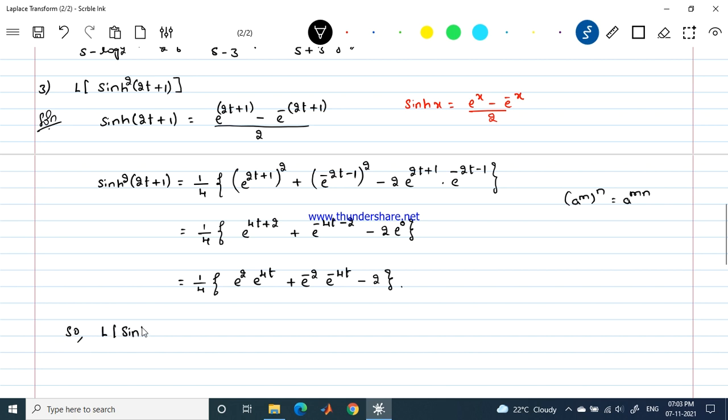Laplace of sinh square of 2t plus 1 is given by 1 by 4, a constant, e power 2, a constant, Laplace of e power 4t is 1 by s minus 4, plus e power minus 2 into Laplace of e power minus 4t is 1 by s plus 4, minus 2, a constant, into Laplace of 1 is 1 by s. That's all.